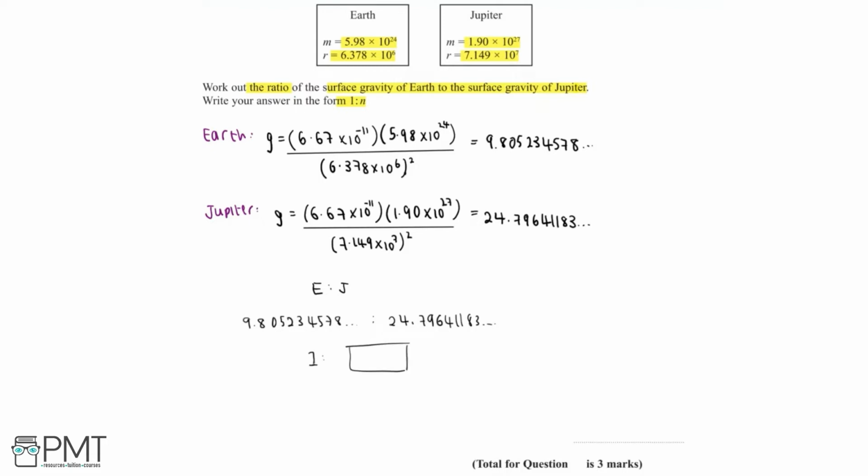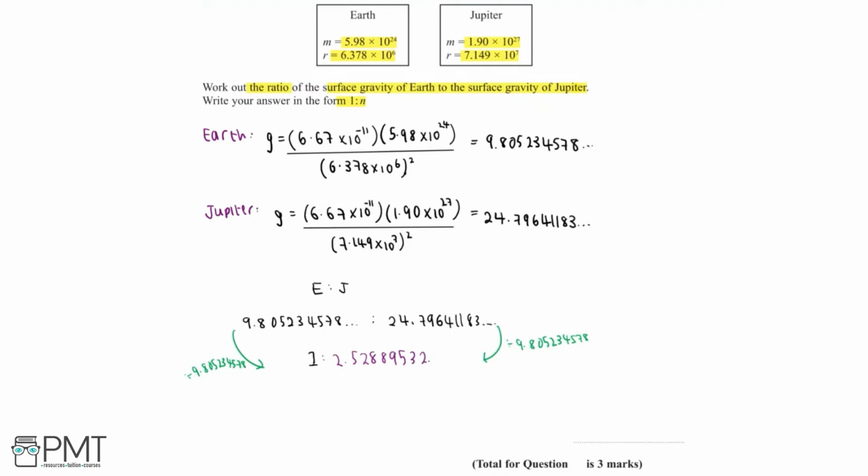Now to get from 9.805... all the way to 1, we need to divide by the very long value of 9.80523457.8, and do the same thing on both sides. We can see that n is equal to 2.52889532.